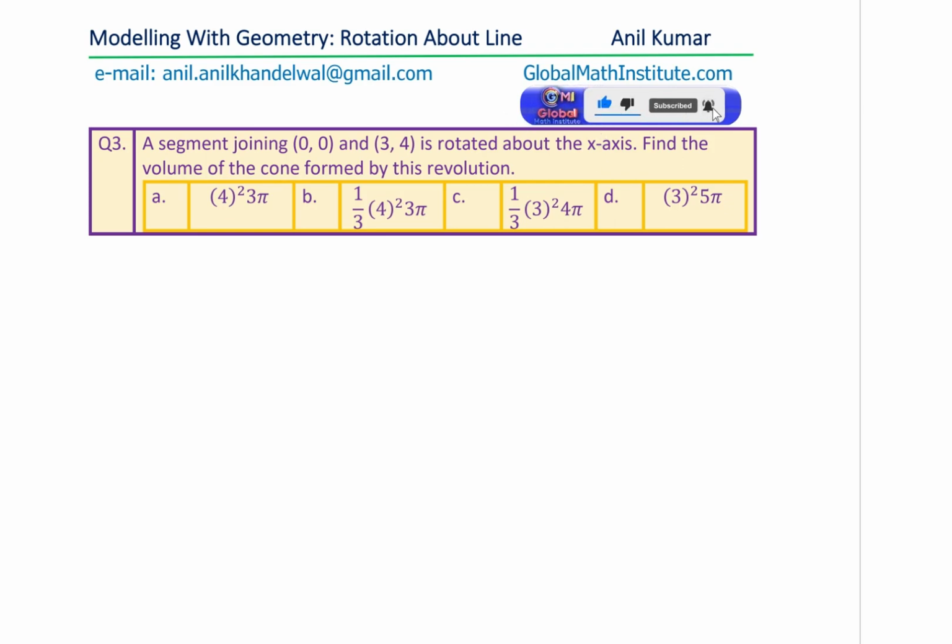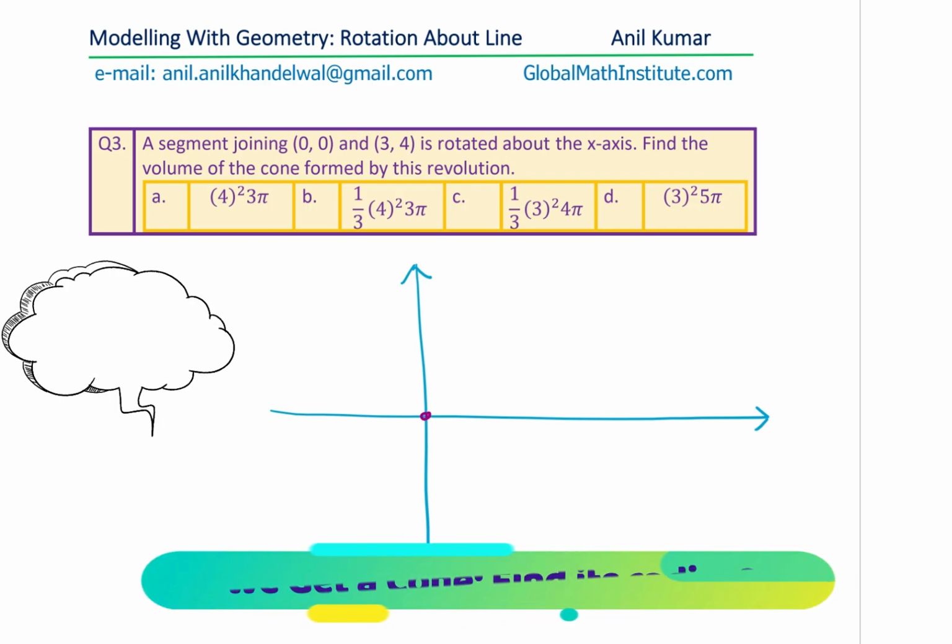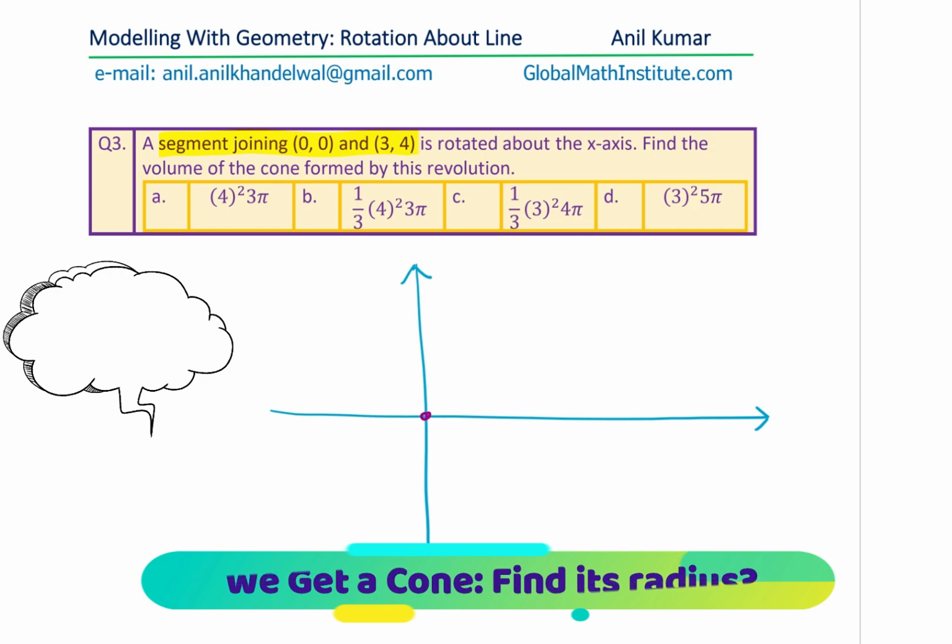So let me sketch, and then it will be easier for us to visualize. The idea of this exercise is to think spatially, visualize, and then work out the solution. So this time we have the center as one point of the segment and the other point being 3, 4, right? So it says the segment joining 0, 0 and 3, 4 is rotated about the x-axis.